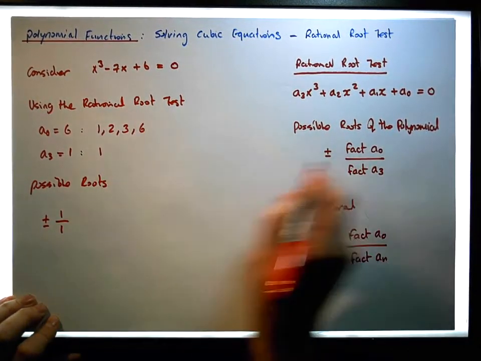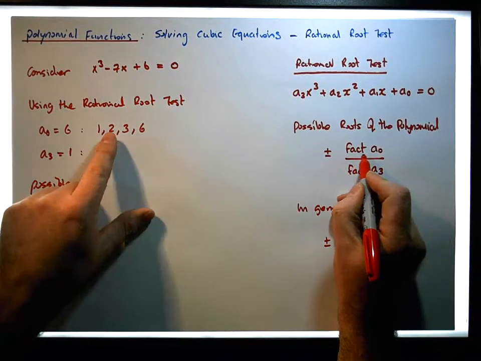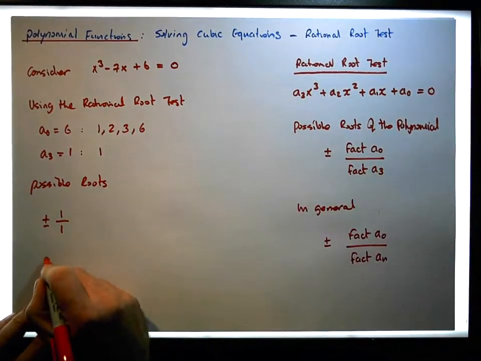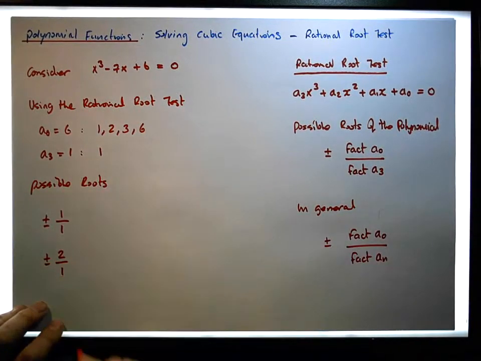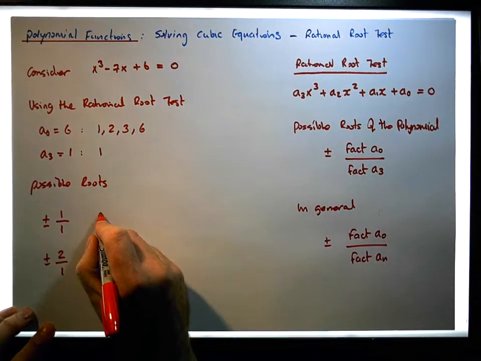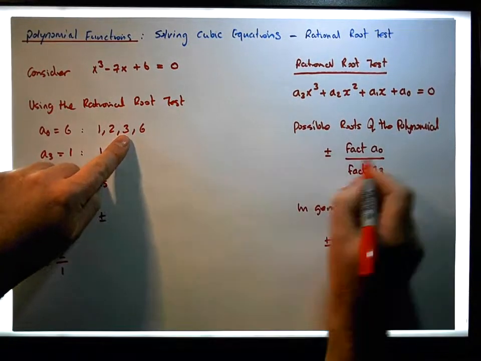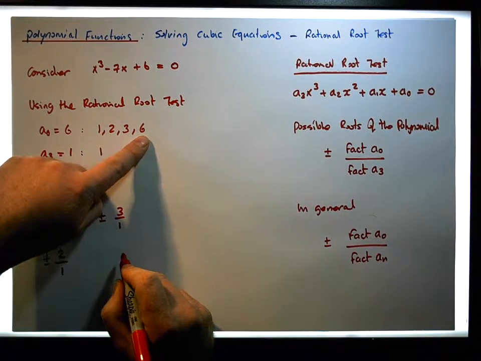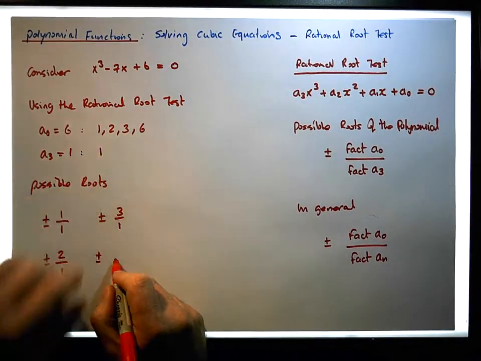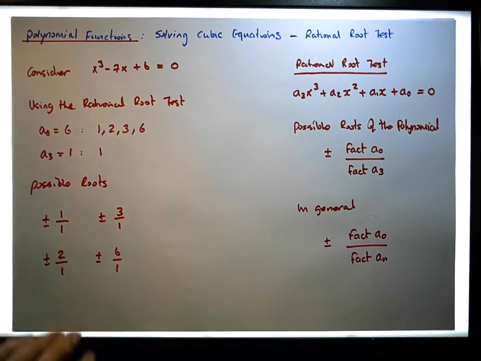The next factor of a0 is 2, so it's plus or minus 2 over 1. Then plus or minus 3 over 1, followed by plus or minus 6 over 1. So they're all of our possibilities.